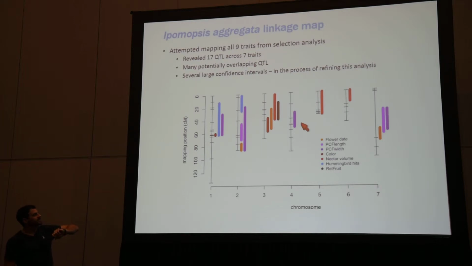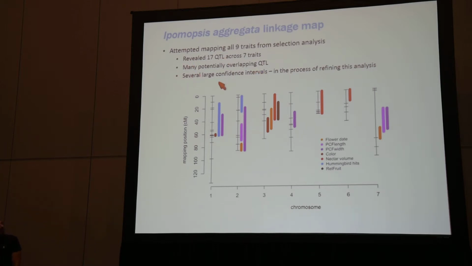We were able to, first of all, recover 7 linkage groups, which is consistent with the number of chromosomes in the system. So these lines here represent our linkage groups with marker positions along them. And we were able to map 17 QTL across 7 of the 9 traits. This included a couple of QTL for hummingbird visitation. While that's not a phenotype, we still have the ability to map it, as well as a couple of fitness loci.